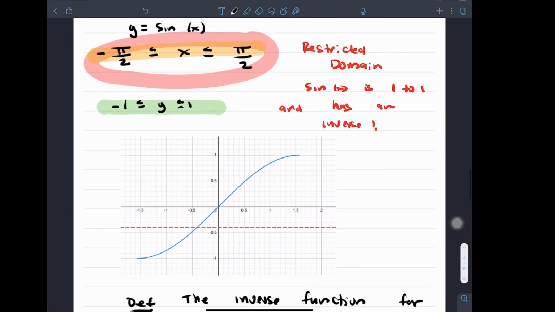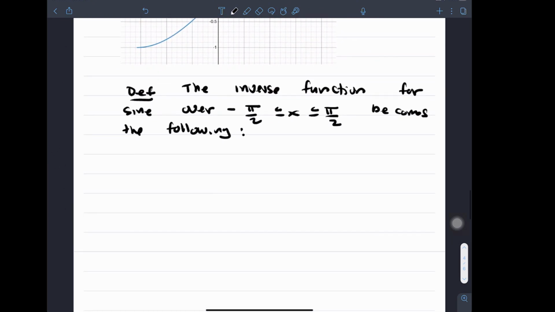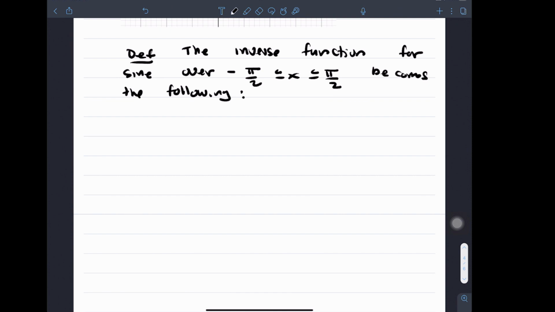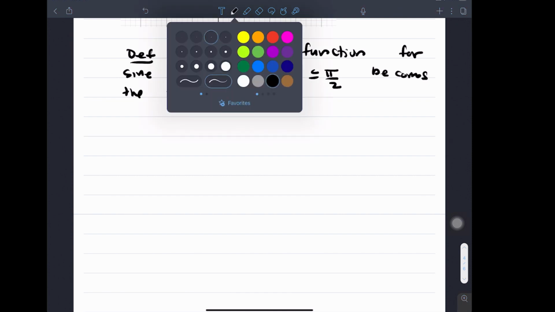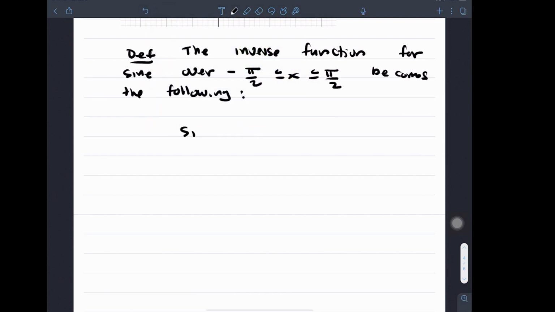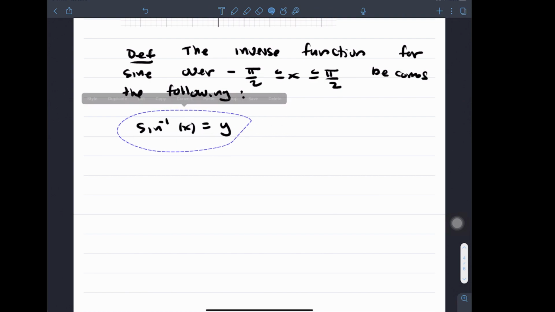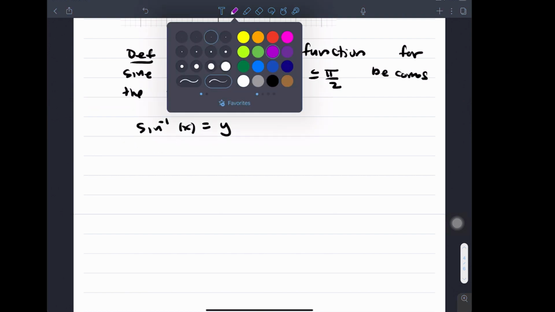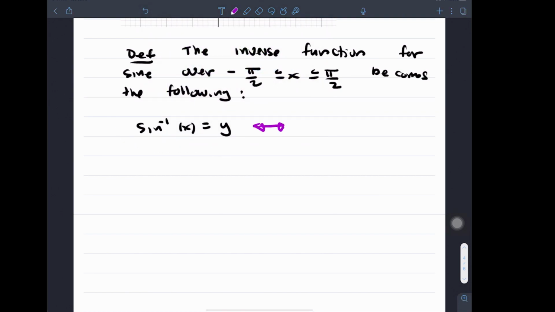There it is, all the way down in the corner. Inverse sine x is y. It's a function, and that's equivalent to, this is the if and only if, in the book.